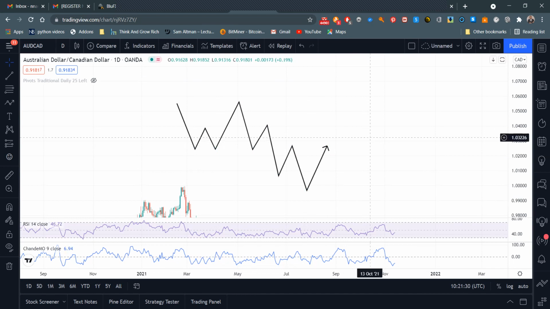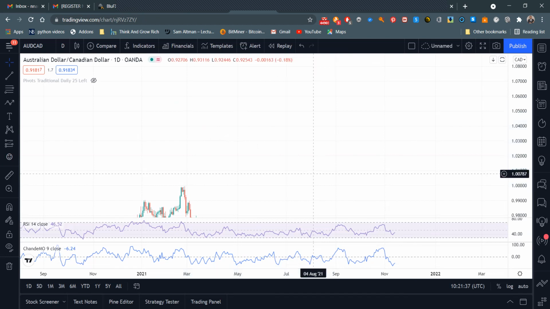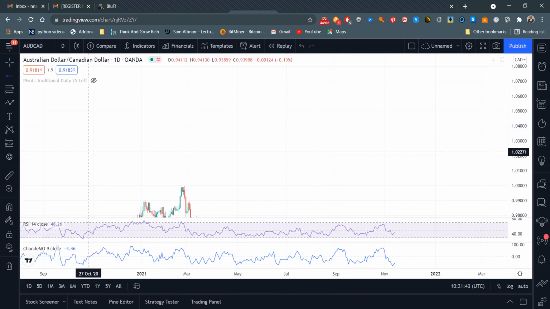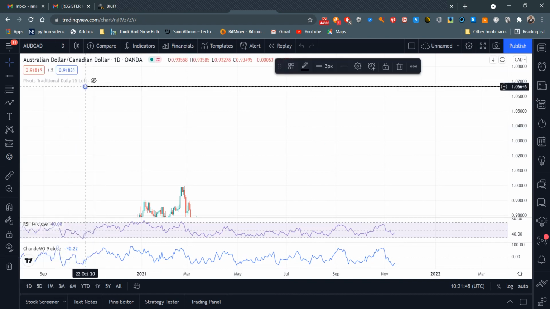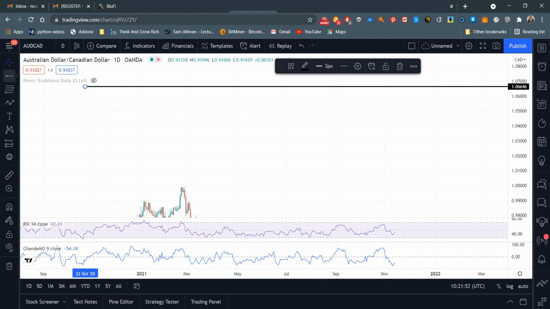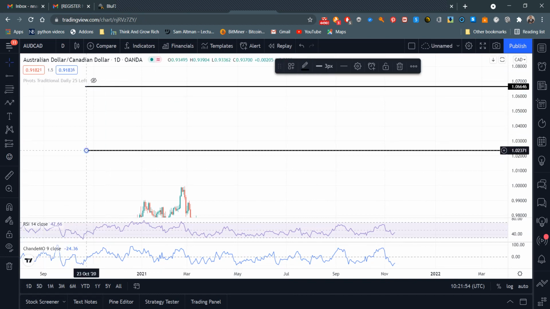Now, a common phenomenon that you find is, I talked about support and resistance last time. So when we have those levels of support and resistance, let's assume that this is resistance and that this is support, right? Something like this.